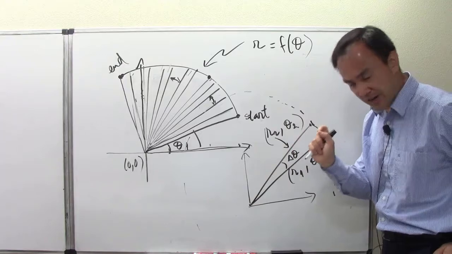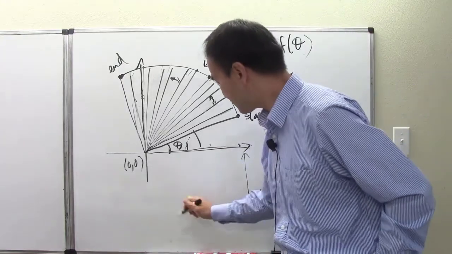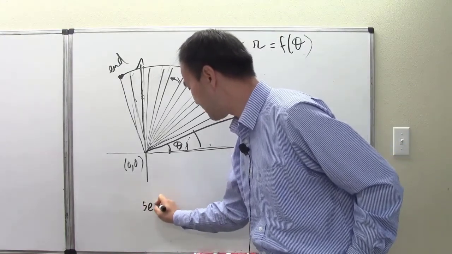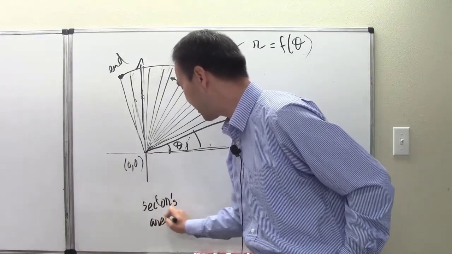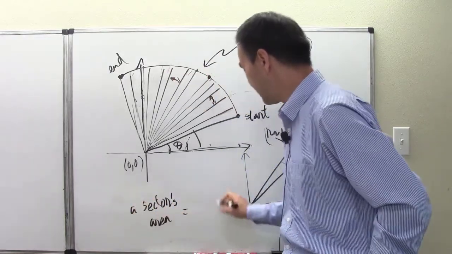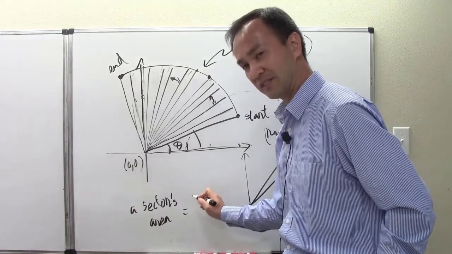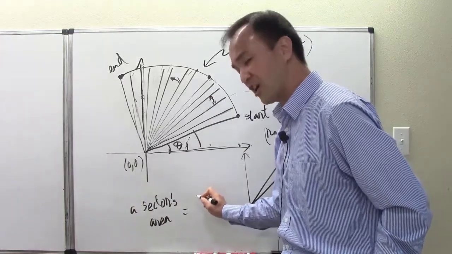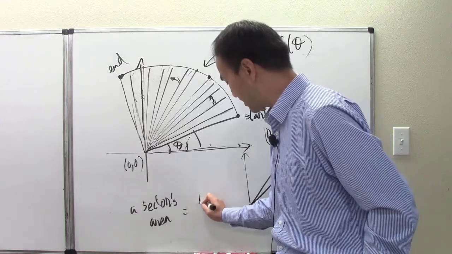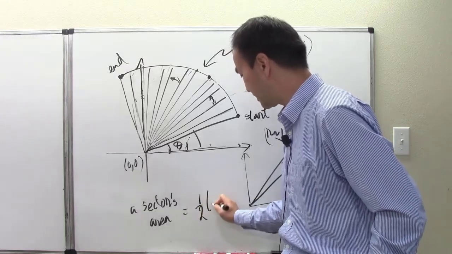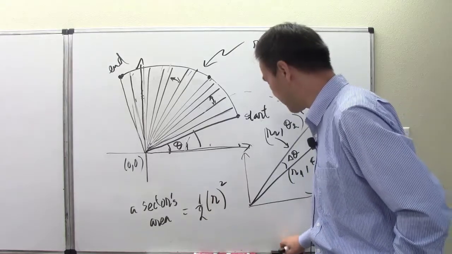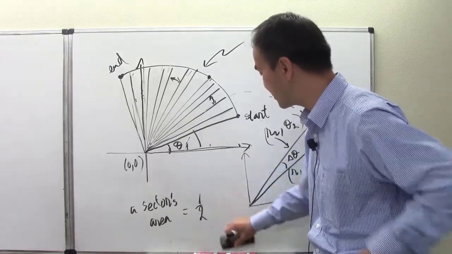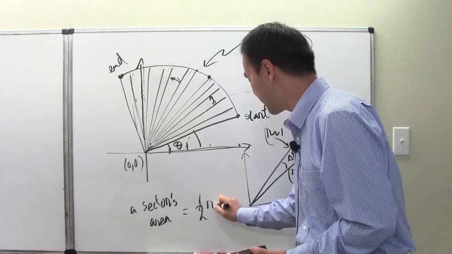So a sector's area, according to basic geometry, is 1/2 times the square of the radius. I shouldn't need to put the radius in parentheses, it's taking more space.